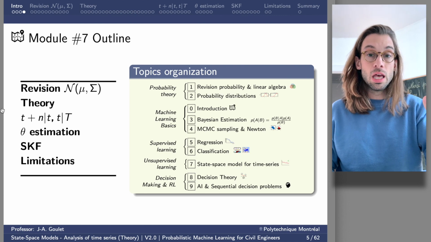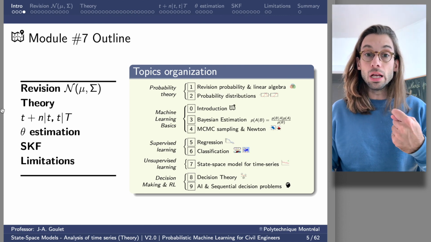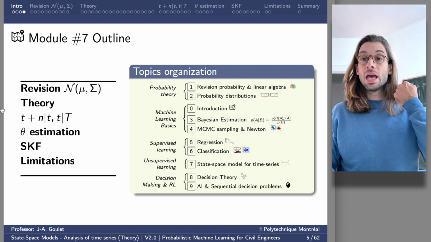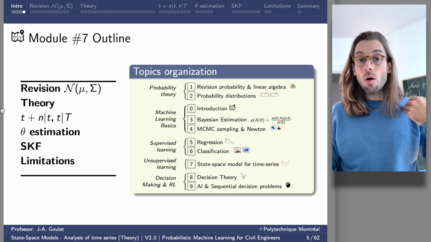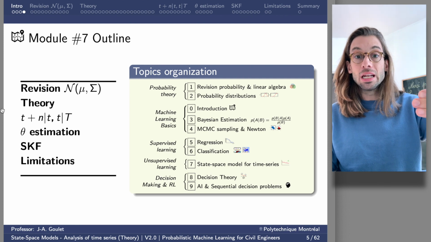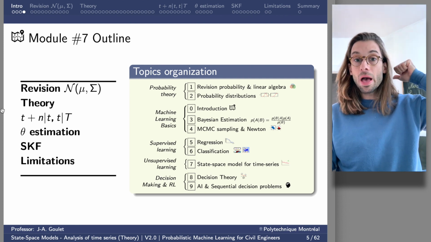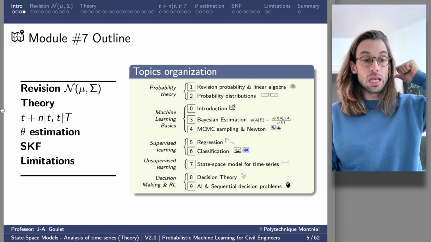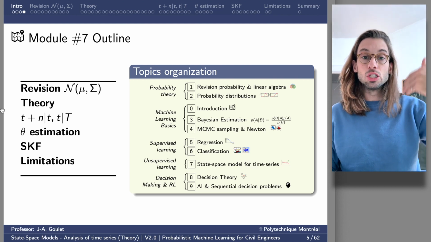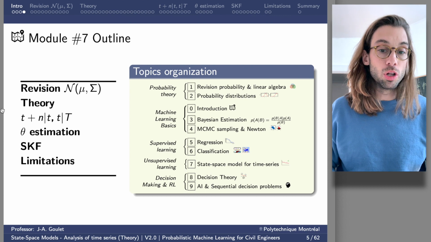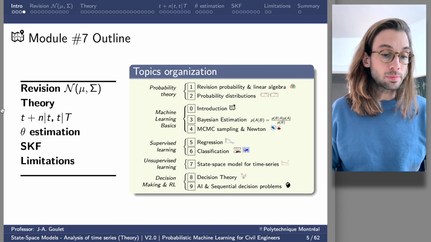And the third task is smoothing: going back in time and seeing, given the data I've seen 2 years ago, how all the knowledge I've gained so far can improve my understanding of what actually happened in the past. So estimation, forecasting, and smoothing. These are the three things we're going to look at together.